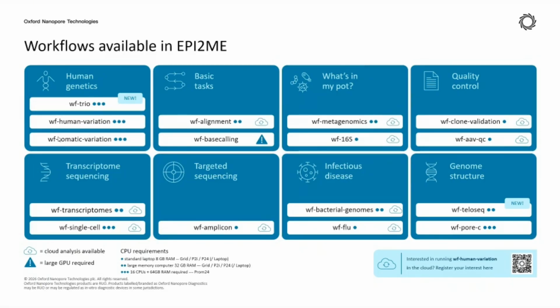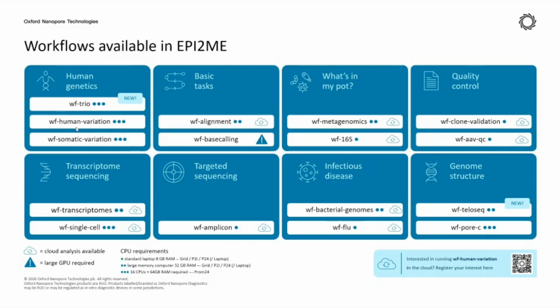And then other pipelines include the human variation pipeline. If we are just looking at normal germline variations, or just identifying whatever variations are inside a sample, then we can use this human variation workflow. And then, of course, for tumor normal sample sequencing, because the analysis is more complex, we need to compare the tumor samples against the normal samples.